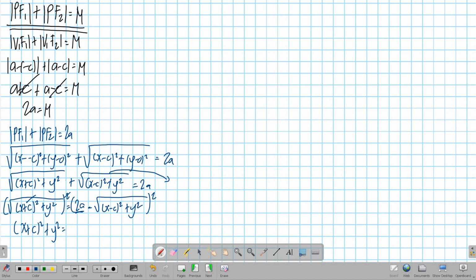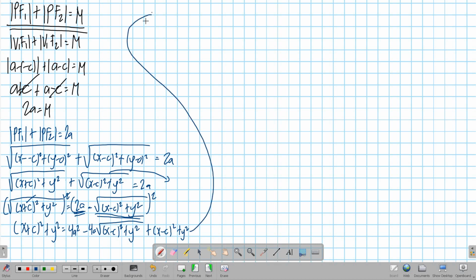We get the square of this term, that's 4a squared. We then get the product of this and this term, then multiply it again by 2. So I'm going to have minus 4a times the square root of (x minus c) squared plus y squared, plus the square of this, which is (x minus c) squared plus y squared.